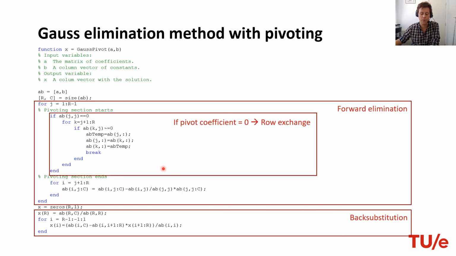Now, in order to avoid the latter case, we would need an additional test here, which tests whether the pivot element is small, or which sorts the pivot elements based on their absolute magnitude, and then always selects the largest pivot element to be used in the forward elimination. But that's not done in this algorithm over here. It just checks whether the pivot is 0.